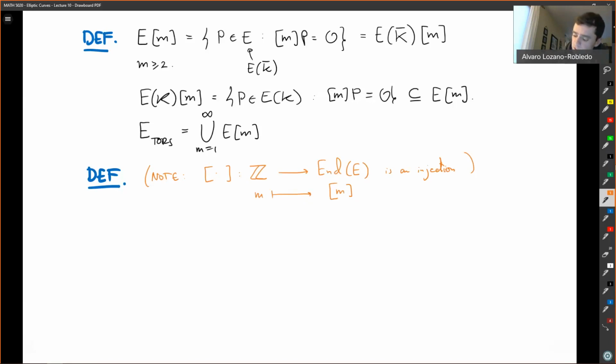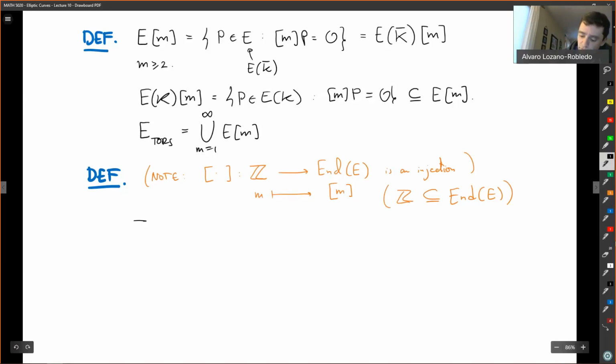So what this means is that you can consider the integers to always be inside the endomorphism ring of E. But sometimes it's not exactly the same.